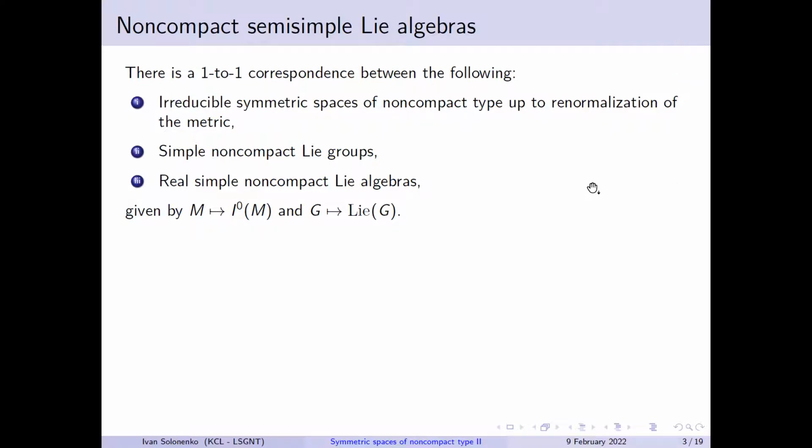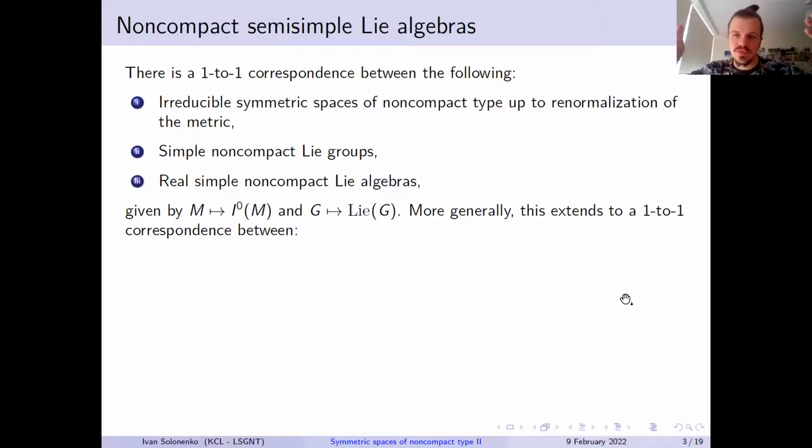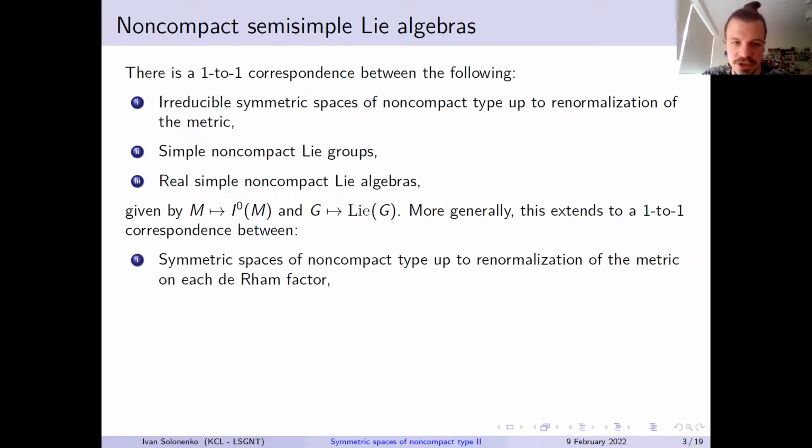Thanks. Yeah. So moreover, you can easily extend this by taking products in each of these three situations to a one-to-one correspondence between symmetric spaces of non-compact type, but now you're allowed to renormalize the metric by a positive constant on each de Rham factor, and this constant might be different on different de Rham factors.